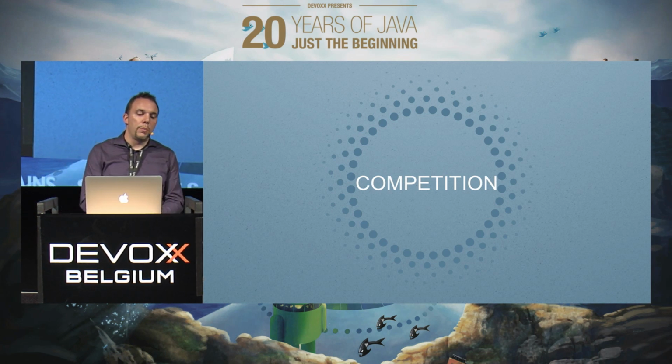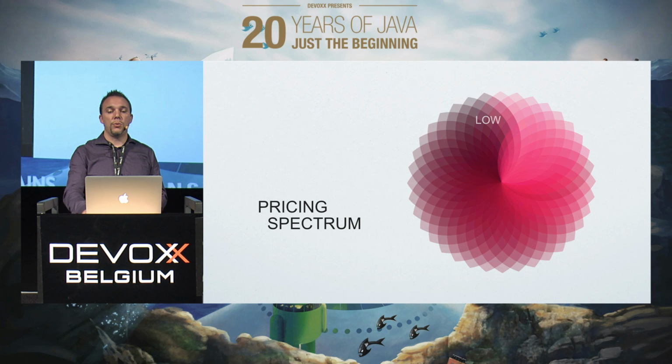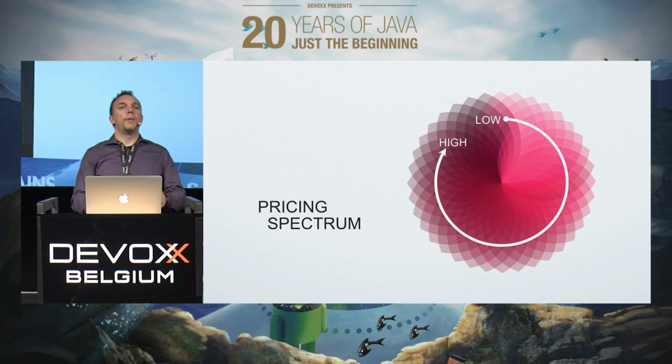Although for some categories where startups play, where competition is virtually non-existent, you can look at the pricing of your competition and position yourself there. Basically, you position yourself somewhere in the low, mid, or high range of the pricing spectrum.